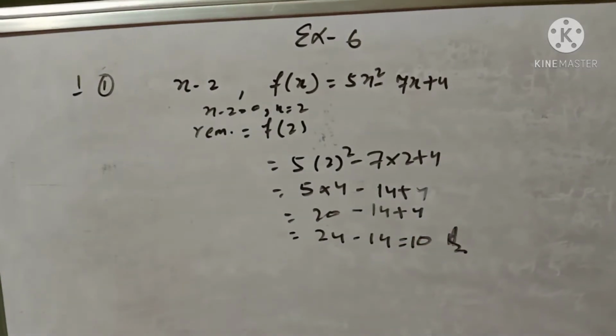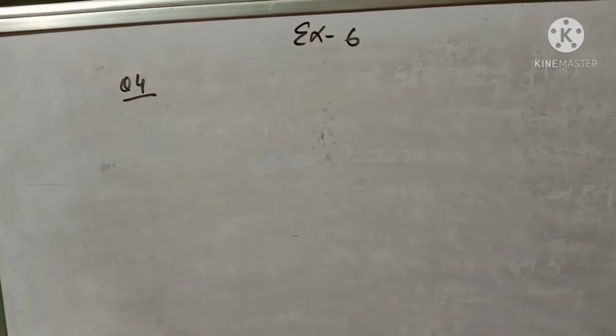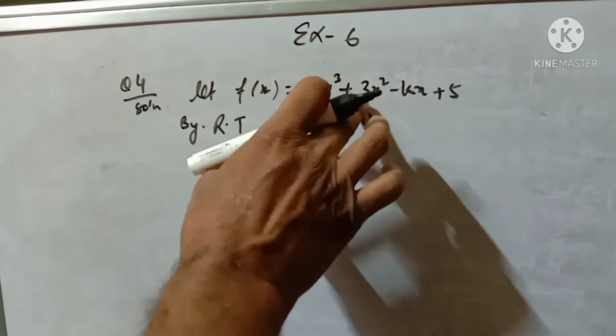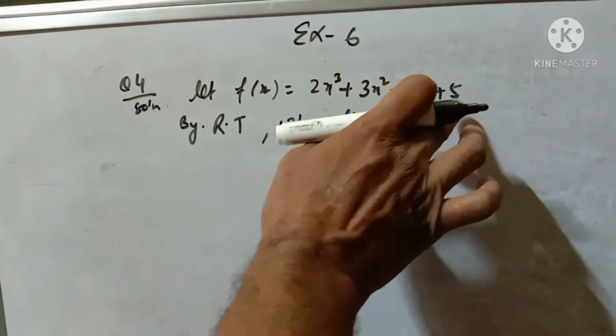Write down please. Now question 4. This question came in ICSE 2016. Using the remainder theorem, find the value of k if on dividing 2x cube plus 3x square minus kx plus 5 by x minus 2, the remainder is 7. So f(x) is equal to 2x cube plus 3x square minus kx plus 5.